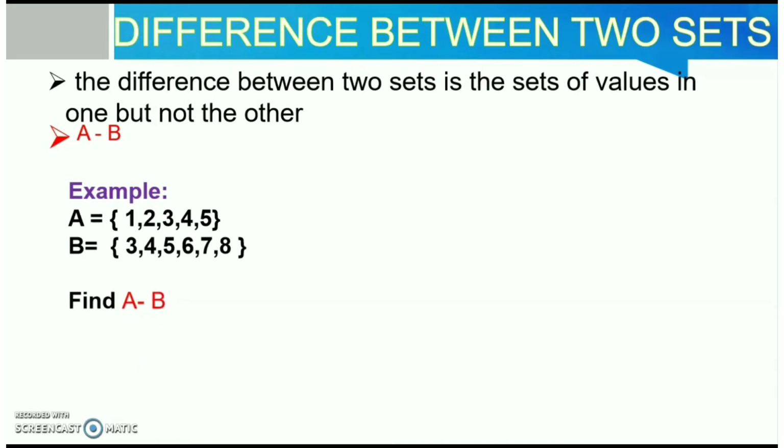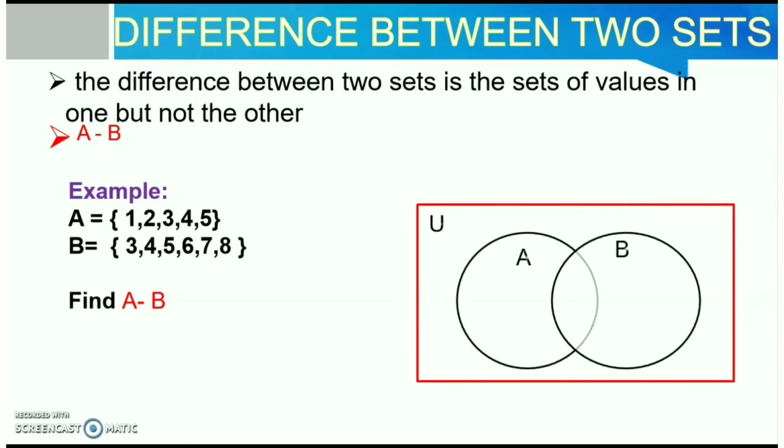Okay, ngayon, lahat ng mga elements sa B na nasa set A is isusubtract natin or aalisin natin. So, ano-ano ba yung mga elements sa B na nasa set A din? Okay. So, let's check natin yung A and B. So, ang common elements ng set A at B is 3, 4, 5.